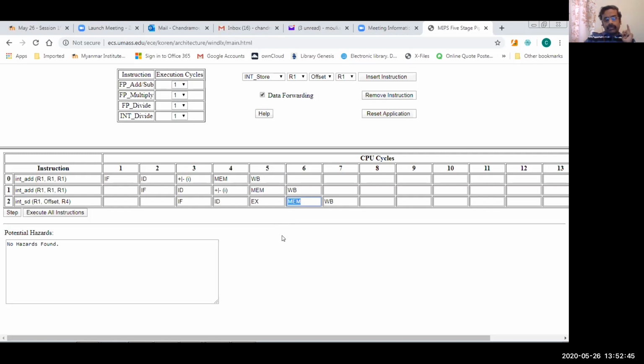Now, where is your value available? Is it written into R1? Actually, it is written in the first half of this cycle. But you cannot wait till that time because memory has to have the value ready. So it will be taken from one of the forwarding paths, which we didn't talk about for the memory store in our pipeline.